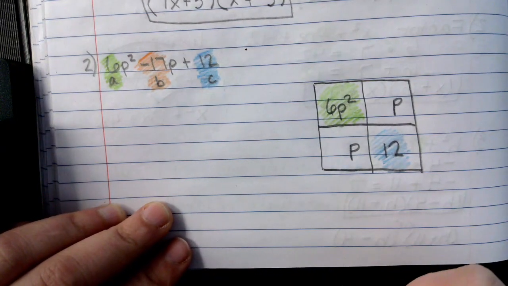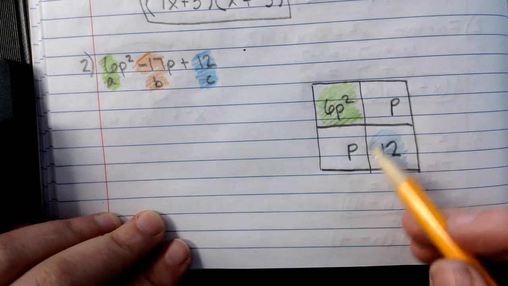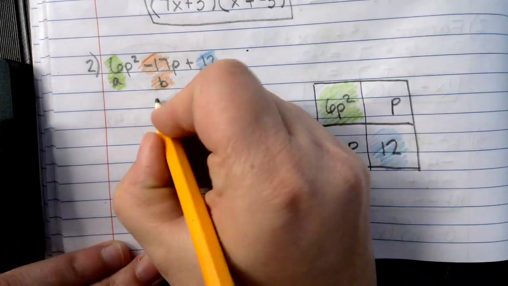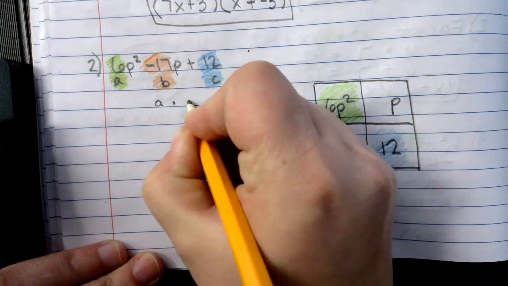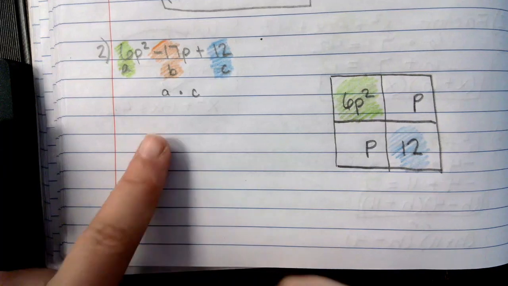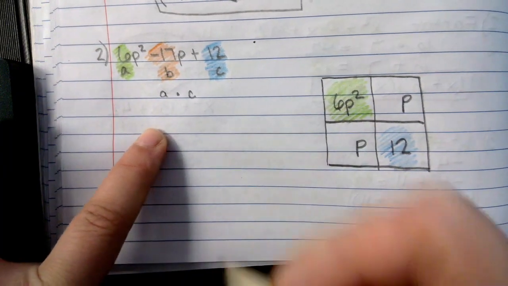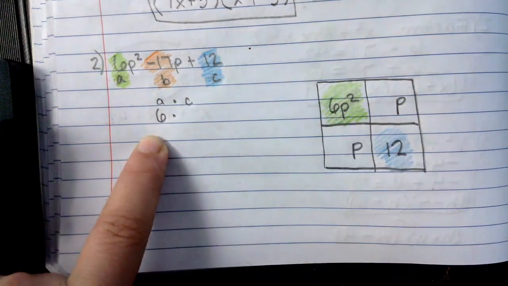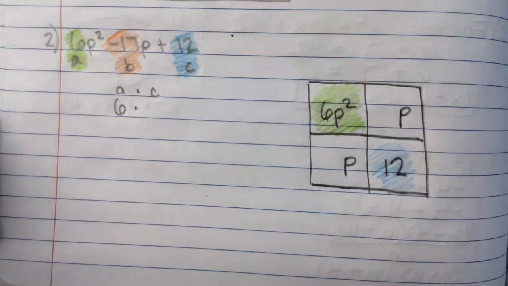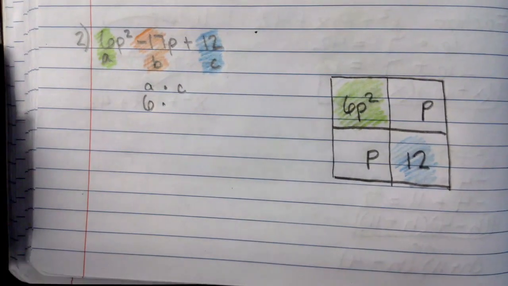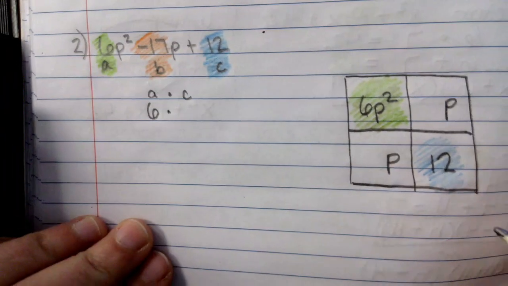We do our A times our C. So which coefficient was our A? 6. And we're just going to take the coefficient, so just the number 6, times our C. What is our C? Okay, again, if you want to color code, you can.